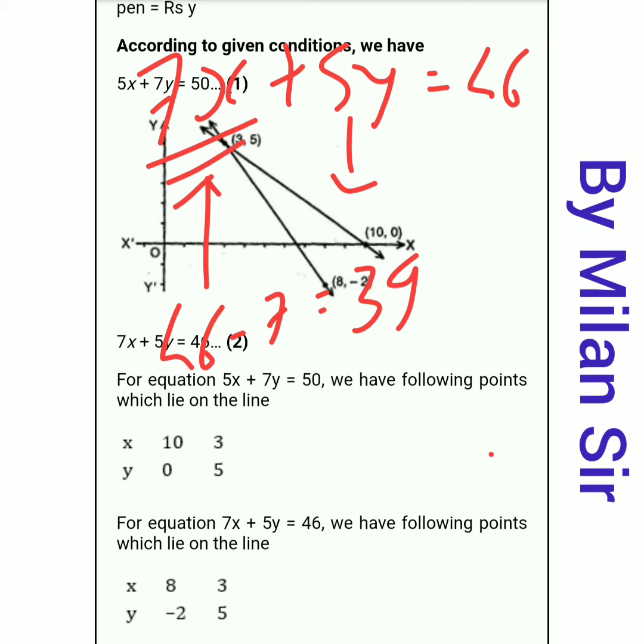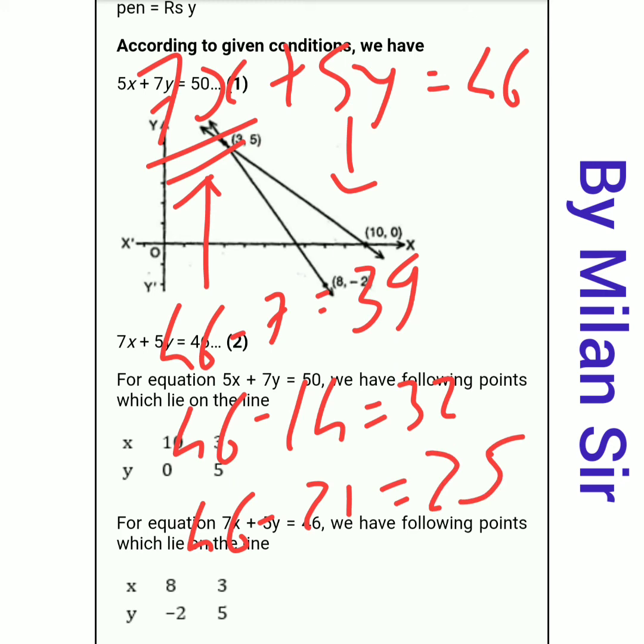Then you can subtract: 46 minus 14 is 32. Even then you do not get a multiple of 5. Then 46 minus 21 is 25. Yes, perfect. 25 is a multiple of 5.